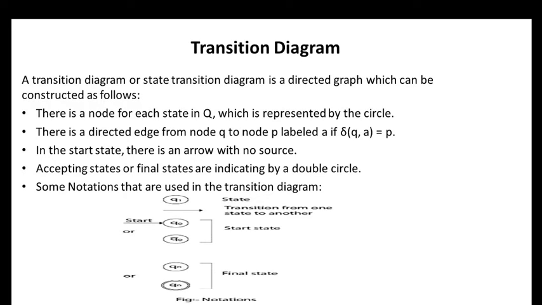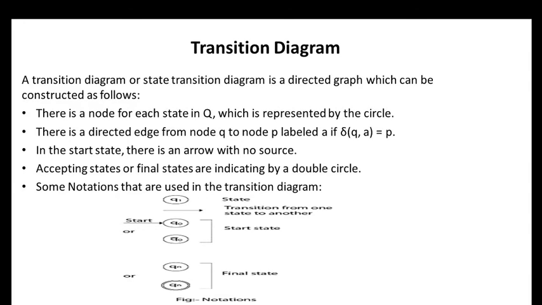How can we construct a transition diagram? There is a node for each state in Q, which is represented by a circle. See here, this Q1 is a state, and each state has a node, which is represented by a circle.